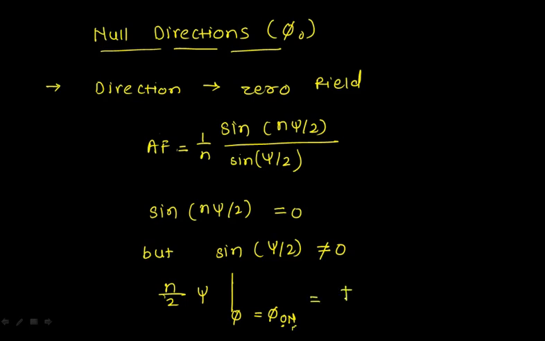So it must be plus minus n pi, because I know that sine of 0 degrees or sine of 180 degrees is 0.